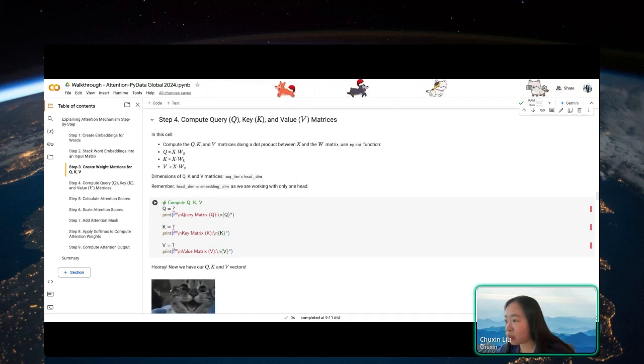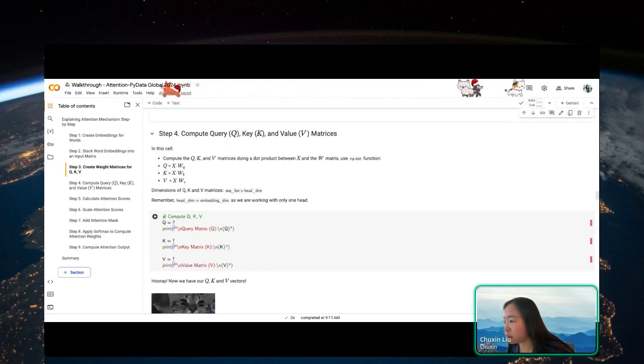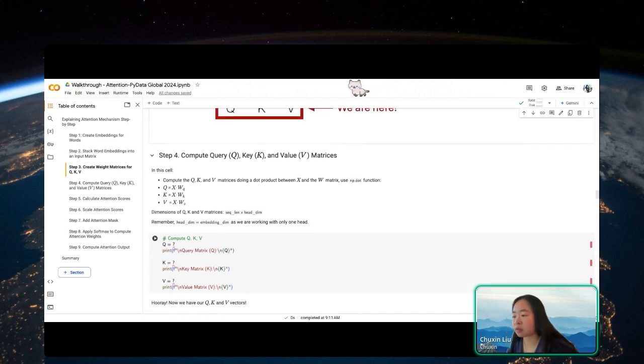And we'll be using a function called the np.dot function. So let's go ahead and implement step number 4.